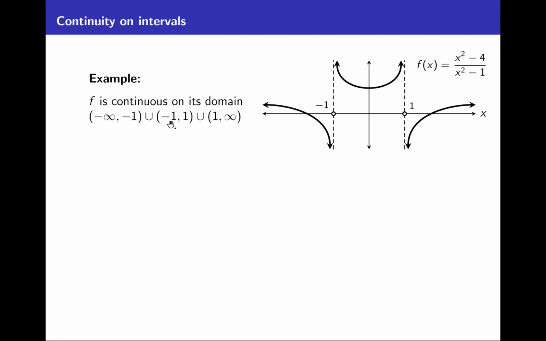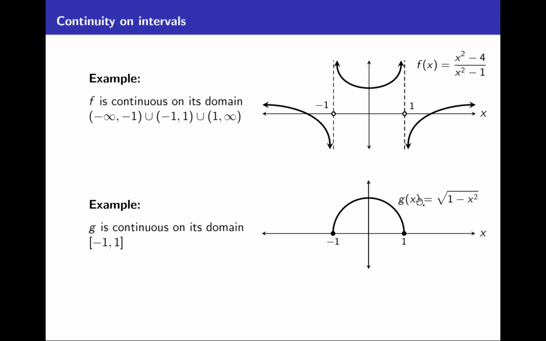Also the interval from negative 1 to 1, this part. And the interval from 1 to infinity, this part over here. And you'll notice that on those intervals, this function is continuous. So this function is continuous on its domain, which is a union of intervals.